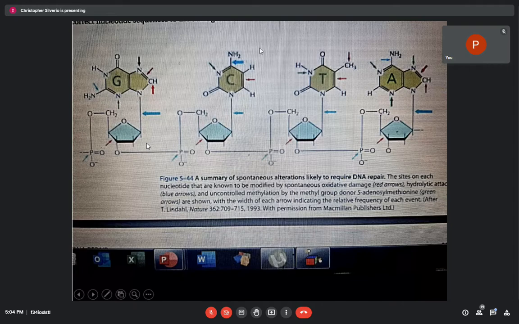What will happen when the amino group is removed? What do you call that process? Deamination po. Deamination. Okay, so as you can see the arrow, that is where alteration of the DNA will occur.